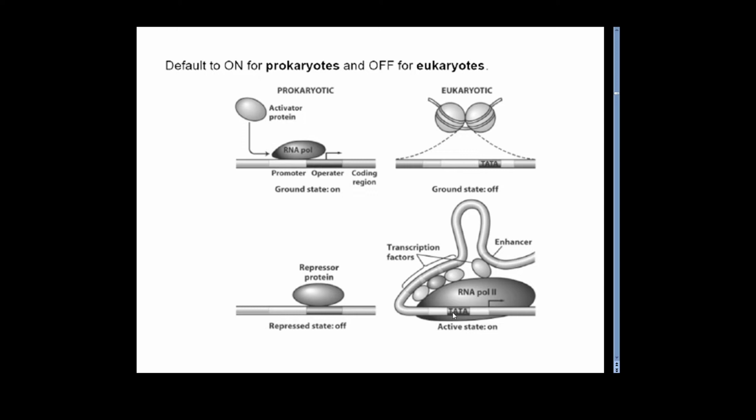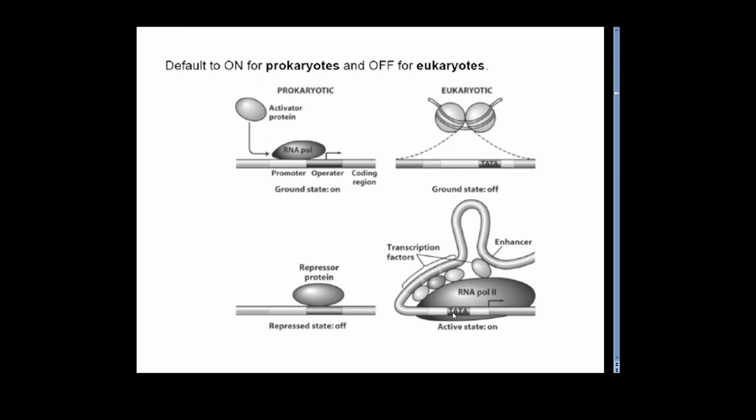For it, multiple activation factors, transcription factors, are necessary, which can facilitate, activate, and enhance transcription of the gene. And if these transcription factors, activation factors, are absent, transcription will be absent or very slow.